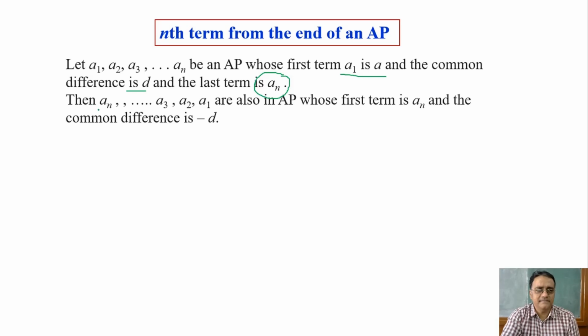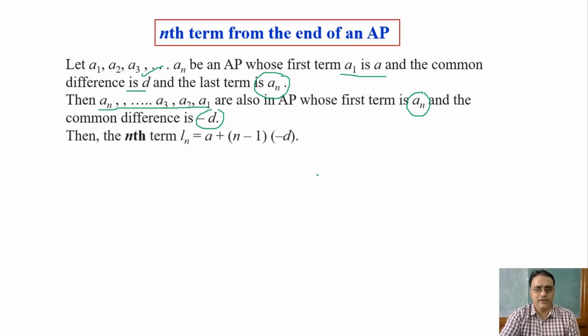So AN, A3, A2, A1 are also in AP, whose first term is AN, and the common difference is minus D with respect to this D. Okay, so now we can use the normal nth term formula, that is A plus n minus 1 into minus D.